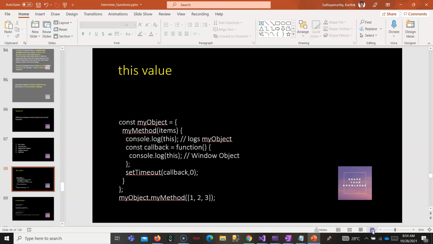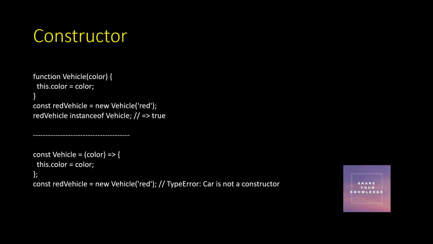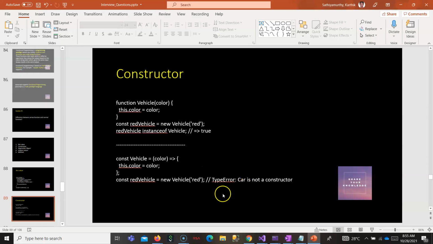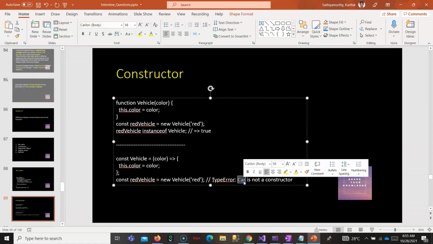Let me see the next difference. The other difference is constructor. In the case of a constructor, we have to go for a normal function only. If you plan to use the function as a constructor, then you have to use a normal function only. If you try to use an arrow function in place of a constructor, you will get an error that vehicle is not a constructor.